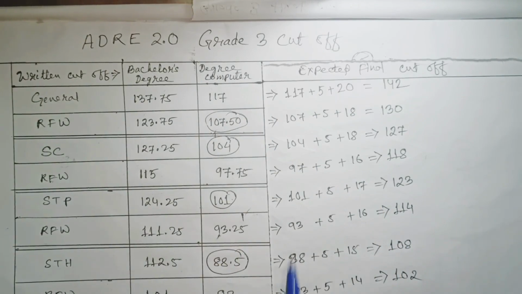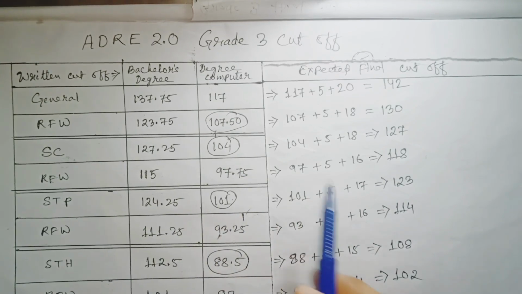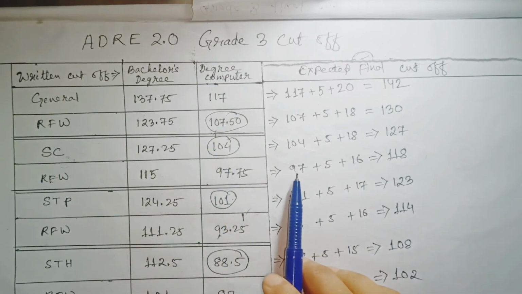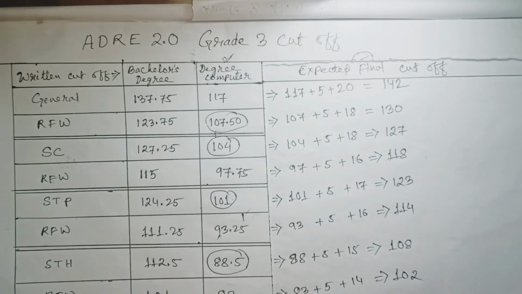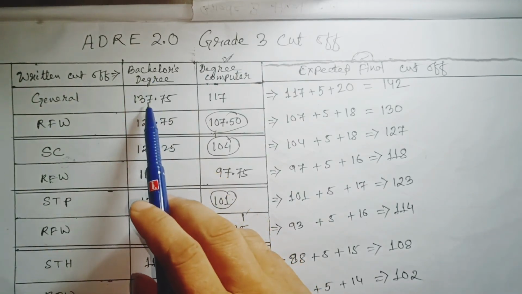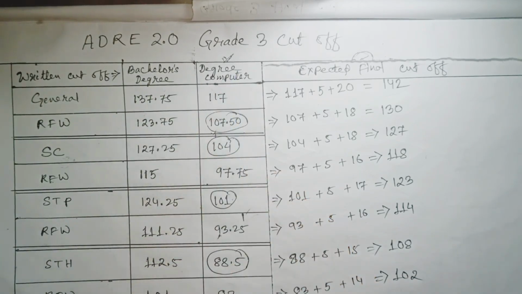But before we discuss the final cutoff, first of all, we shall see the factors that can influence it. We know that this year there is a chance of overlapping. But you have seen that in degree with computer, there is very little chance of overlapping, because the bachelor's degree cutoff was higher than degree with computer.